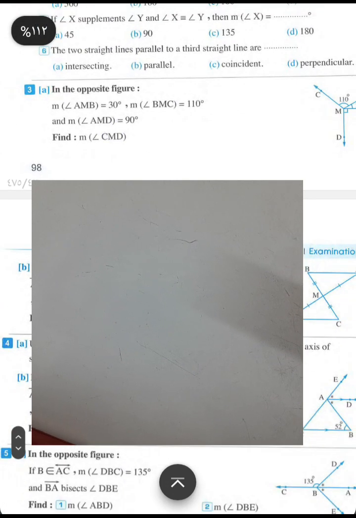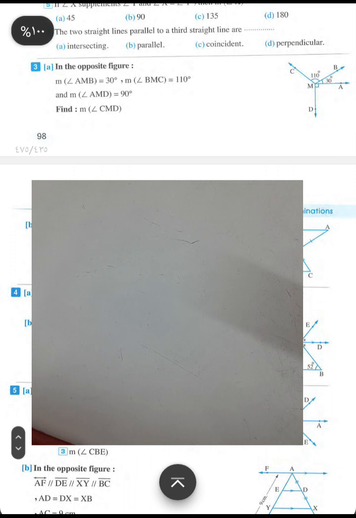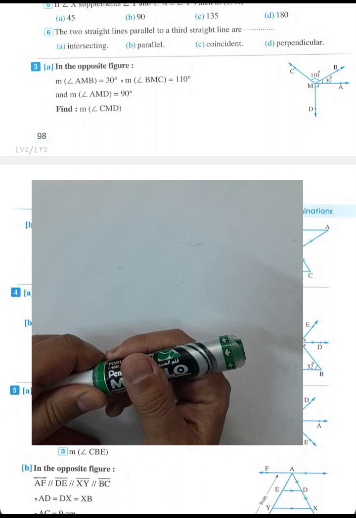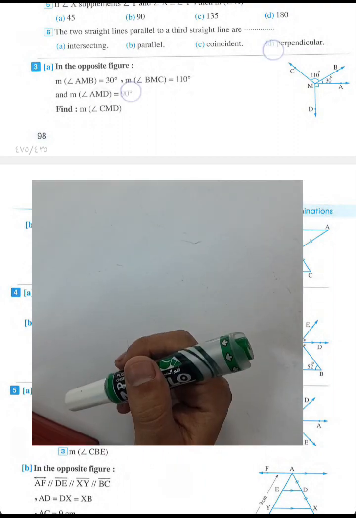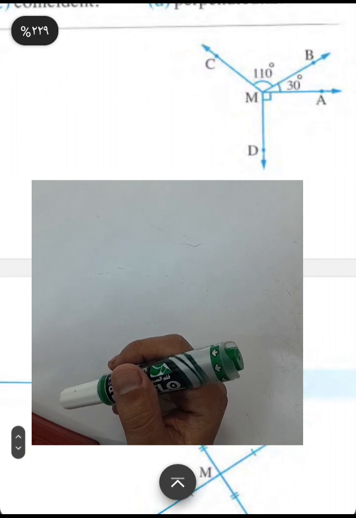Question number 3. In the opposite figure, the measure of angle AMB equals 30 degrees and the measure of angle BMC is 110 degrees, and we want to find the measure of angle CMD. Okay, look with me at this drawing.